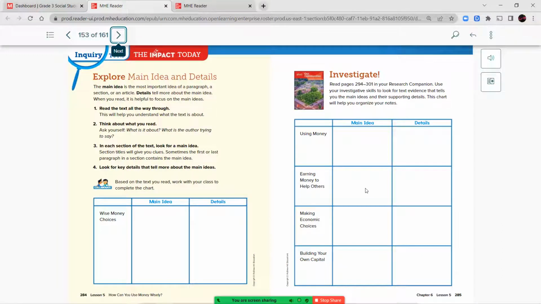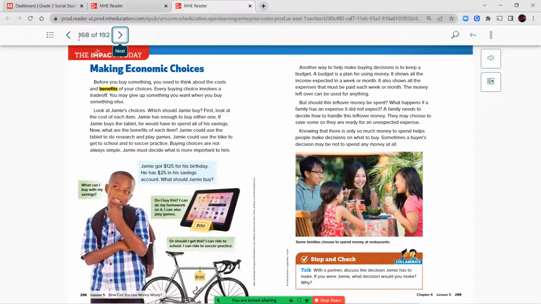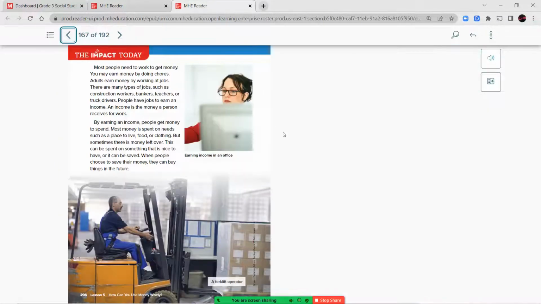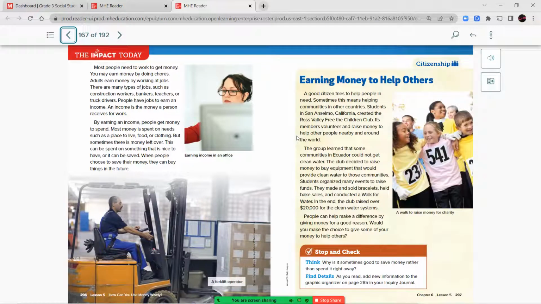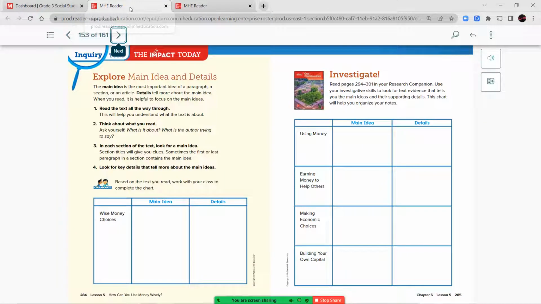Actually, the section we just read, earning money to help others, we read about that in our previous page. So at the very tail end of our previous page, they describe the organization that these kids put together, earning money to help others. People can make a difference by giving money to help others.